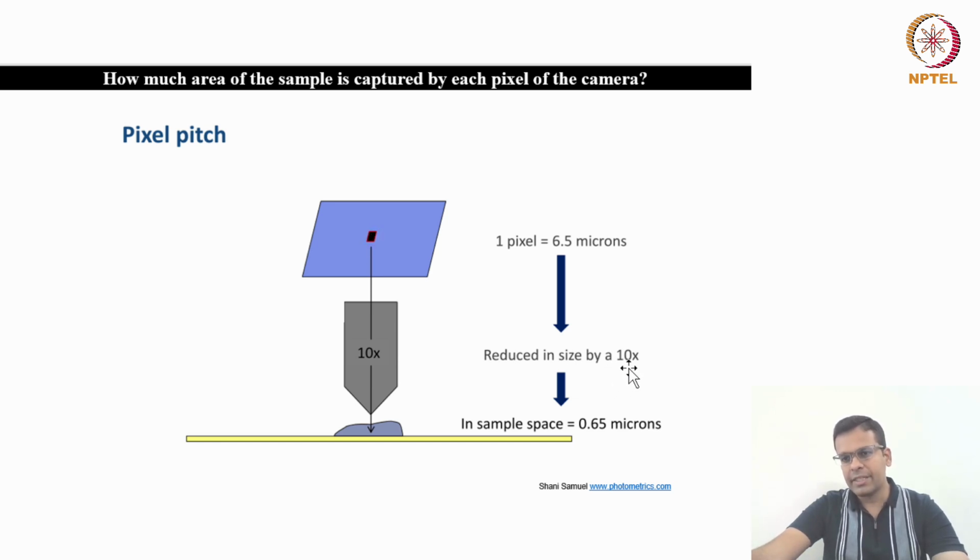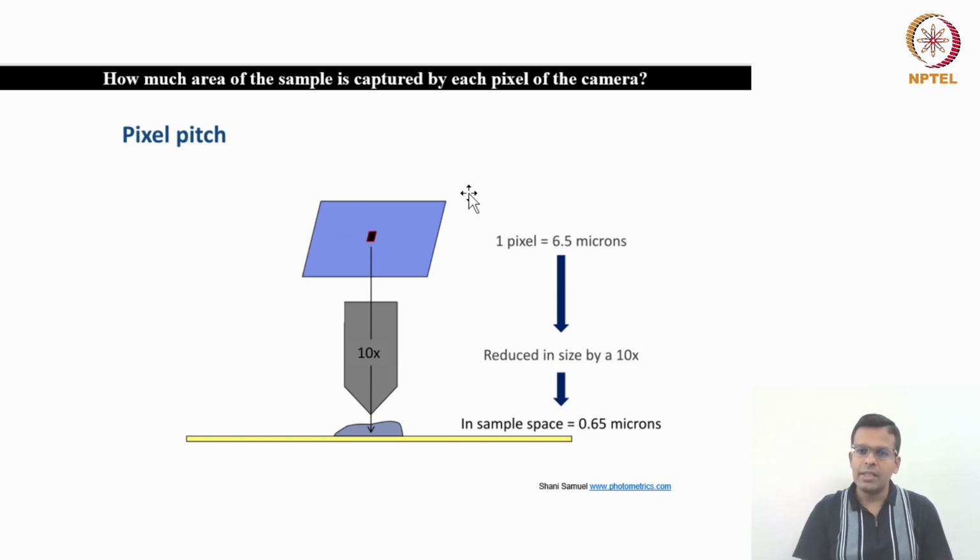Okay, because of the 10x magnification. So basically the idea is that 0.65 micron area of your sample is exposed per pixel, and the photons emitted by 0.65 micron of your sample will be captured by this pixel.